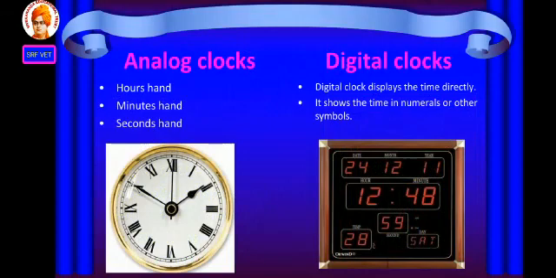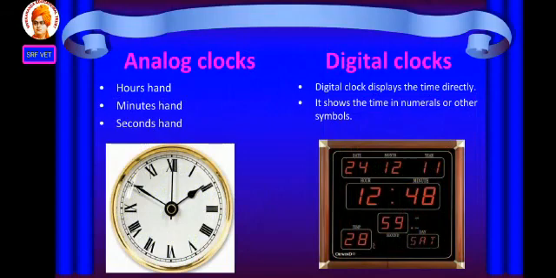It shows seconds. It makes one rotation in 1 minute and 60 rotations in 1 hour. These analog clocks can be driven either mechanically or electronically. Okay students, clear?